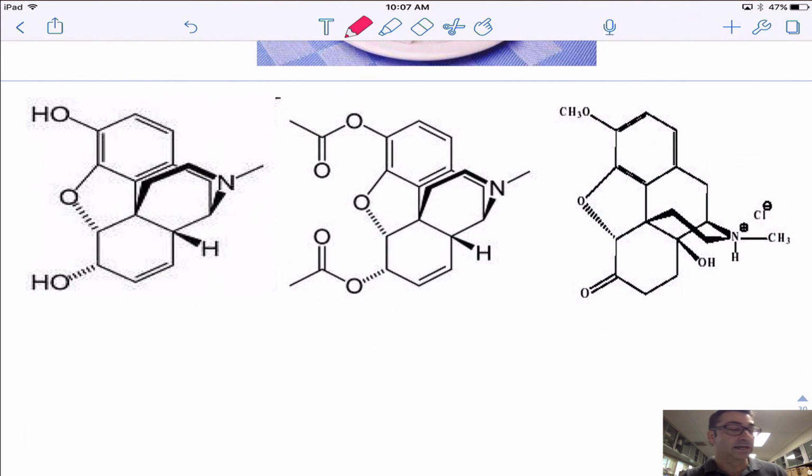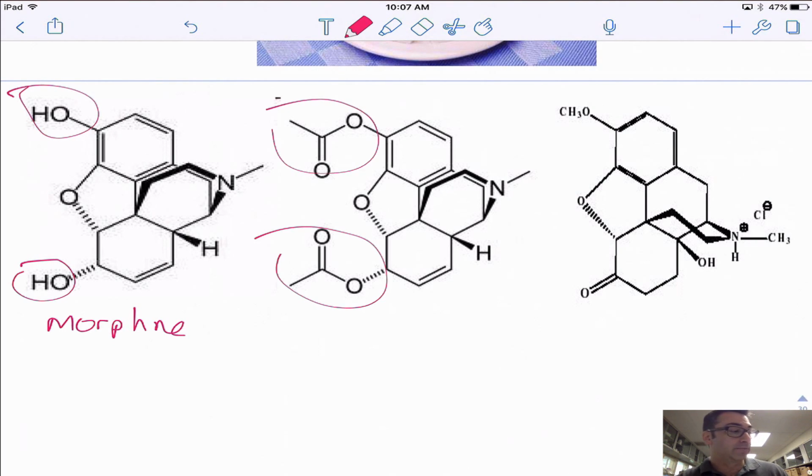These are actually narcotic drugs. This one on the left here is morphine. And if we alter these hydroxyl groups, the alcohol groups here, and make them into esters, it becomes a lot more potent. This is heroin.